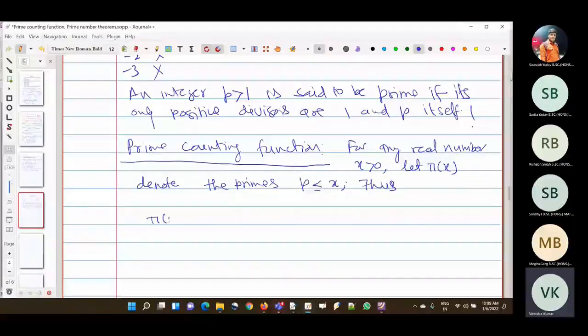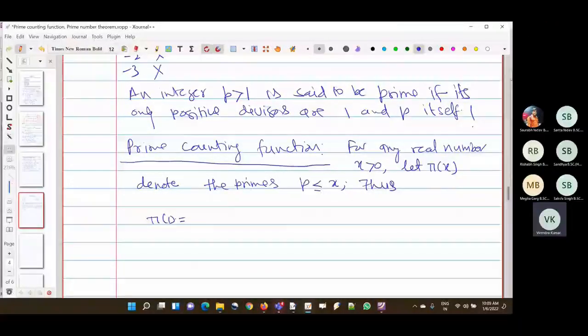And thus pi of 1 is what? How many primes are less than or equal to 1? 0. Pi of 2, less than or equal to 2, only one. Only 2 will be the one prime.